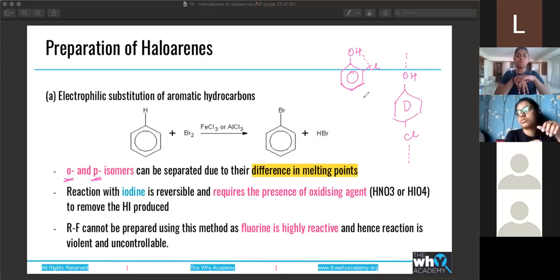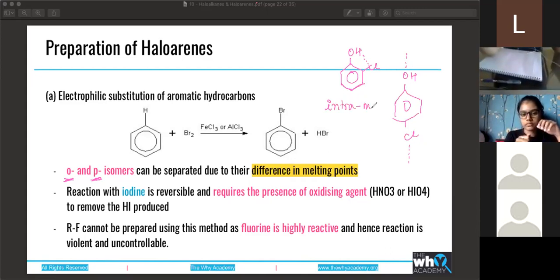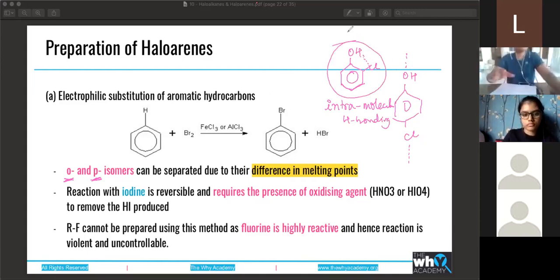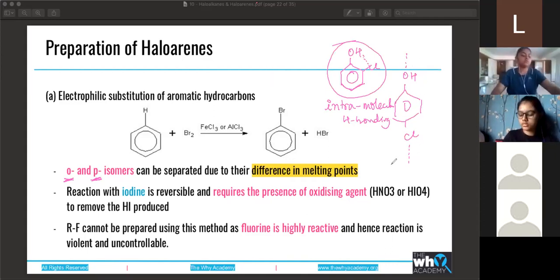So ortho isomers have intramolecular hydrogen bonding. You see that it's restricted to within this molecule itself. It's able to exist independently. But in the case of the para isomer, you have intermolecular hydrogen bonding.